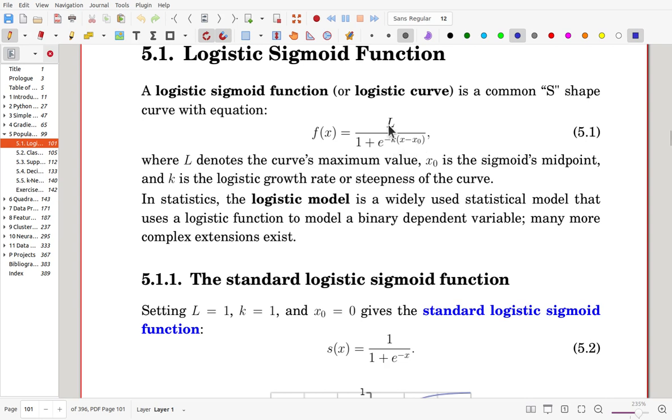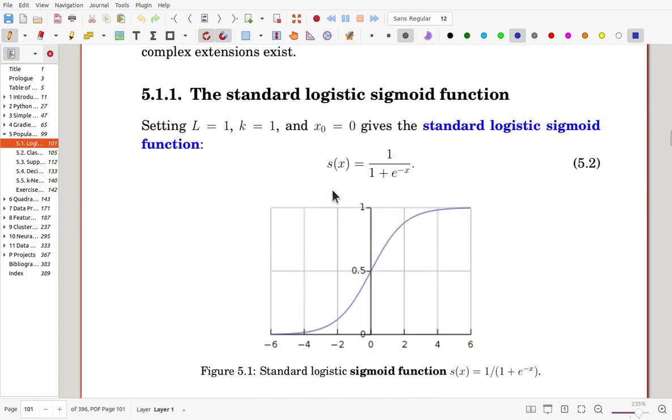If we set L to 1, K to 1, and x0 to 0, then it becomes the standard logistic sigmoid function. S of x is 1 over 1 plus e to the minus x. Its graph is given in this figure, the minimum is 0 and the maximum value is 1, and it is symmetric about the midpoint.